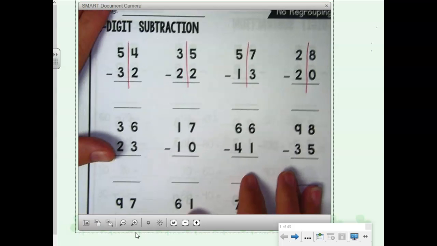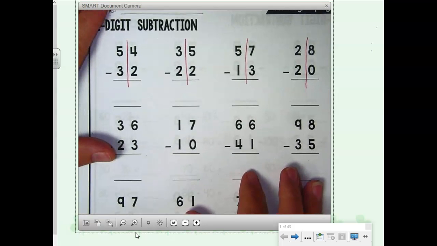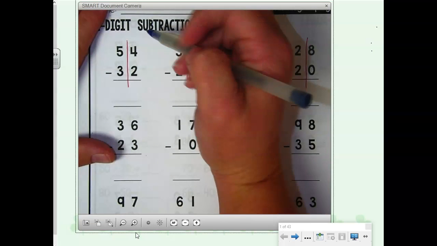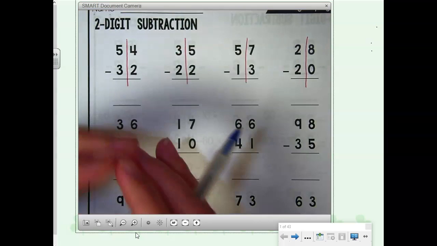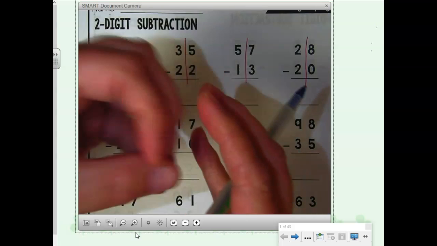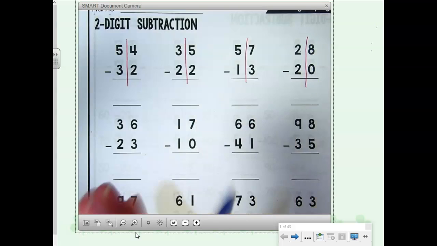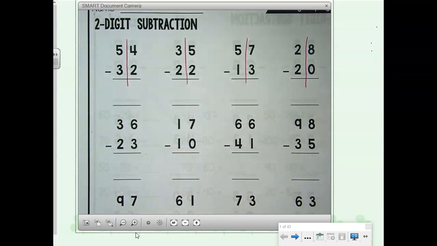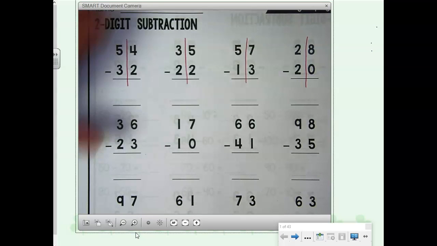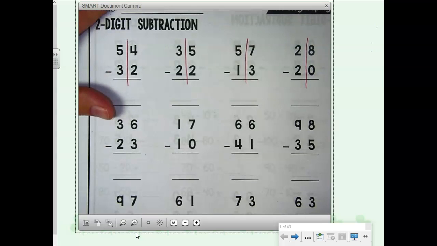We're always going to start in our ones place. We are subtracting, or taking away. You have the big set, and we're going to take away from it. Our answer, or difference, is going to be smaller. So our answer should be smaller.